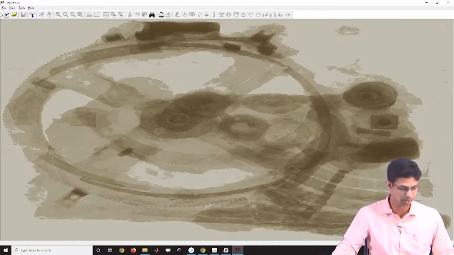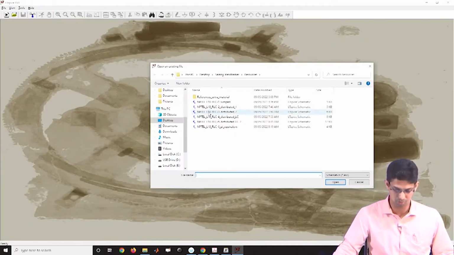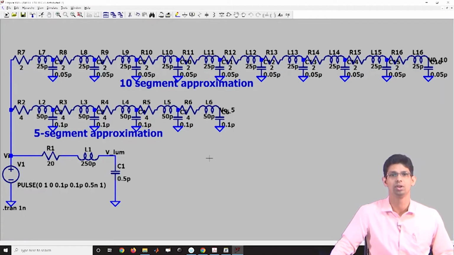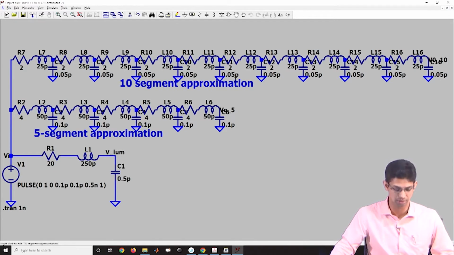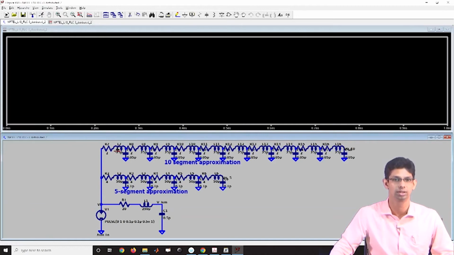I have already made the circuit, so let me open it up and show it to you. So, here I have all the 3 cases. The first one is the lumped, V lump, then there is this 5 segment and one with 10 segments. So, now let me do the simulation.